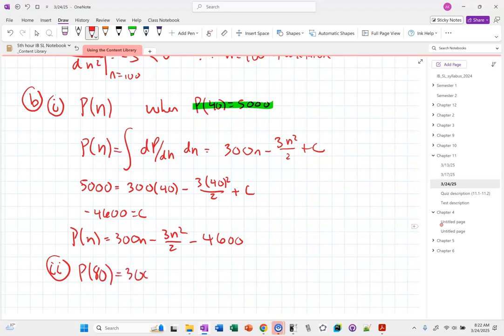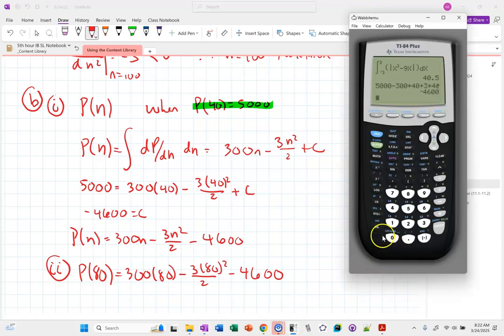Well, I just need to plug 80 into that. So that's 9,800 pounds.